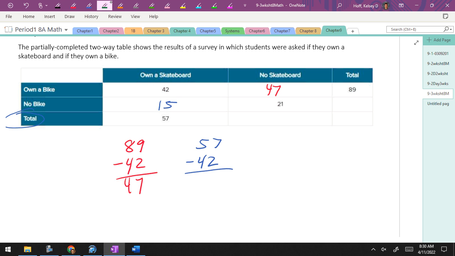Okay, how else? I got 3 left. Liana? Very good. The no skateboard right here, 47 plus 21 to give us our total 68.